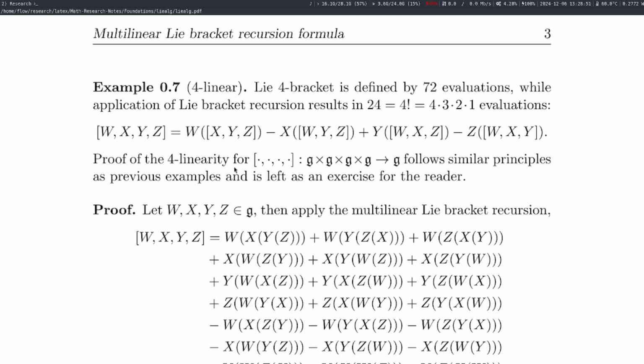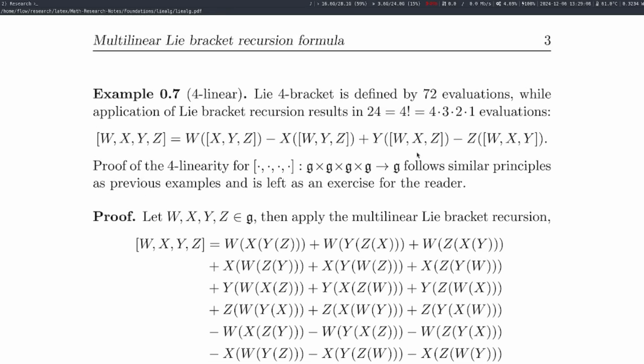And proof of the four linearity follows similar principles as previous examples, and this is left as an exercise for the reader. Now there'll be 4 cases, and it's just going to be very similar to what we showed before, but the proof is going to be 3 times shorter if you apply Lie bracket recursion, because then you don't have to do 72 evaluations, you only need to do 24 evaluations thanks to my multilinear Lie bracket recursion formula, which I proved.